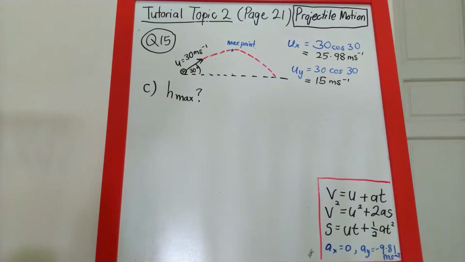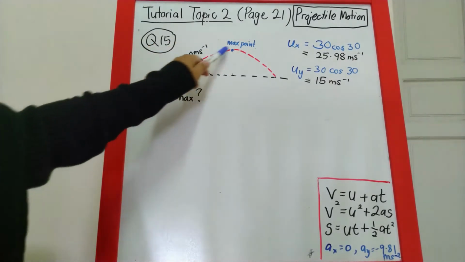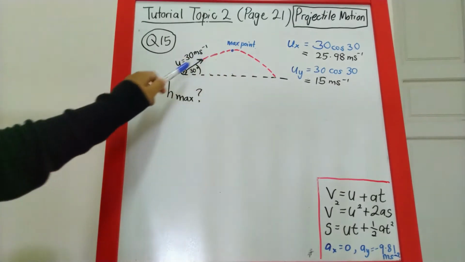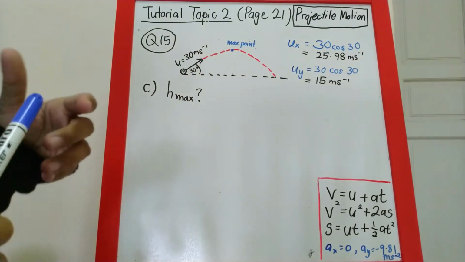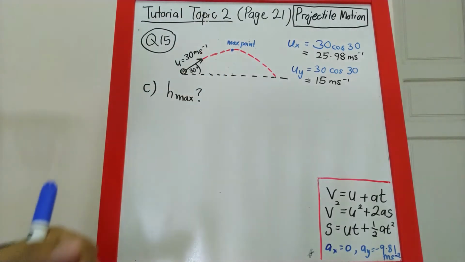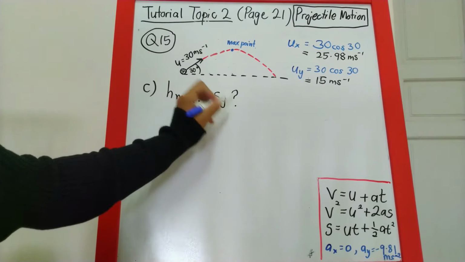Part C asks you for the maximum height. Meaning it projects up to here, so the maximum height is here. Height is something to do with the Y component, so basically you need to find sy.